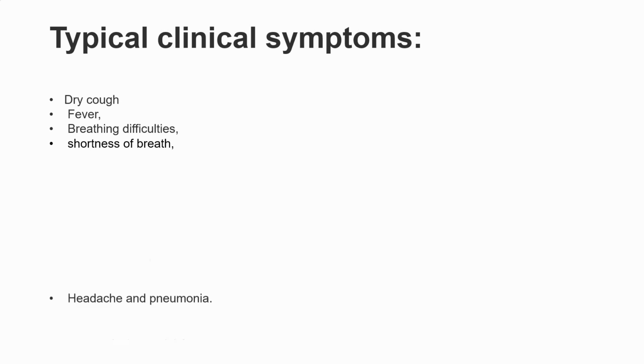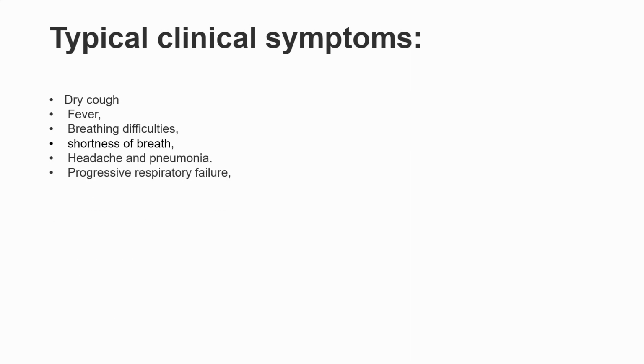The typical clinical symptoms are very important. The first most important symptom is fever, and sometimes in the next stage there can be dry cough and difficulty breathing, shortness of breath, because it can cause inflammation of the lung, and sometimes headache and pneumonia. Also, in the last stage, it can cause progressive respiratory failure, which is very important.